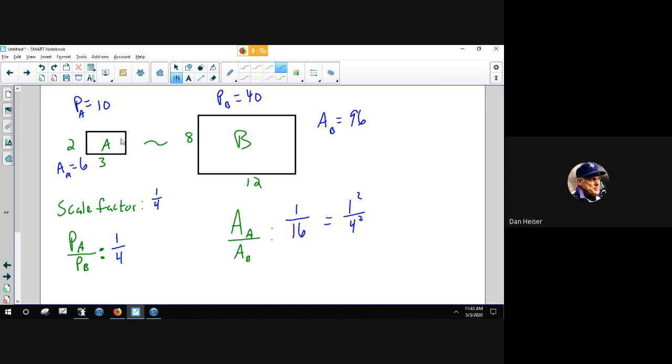If our scale factor was 2/3, our area ratio would be 4/9. The ratio of areas is the scale factor squared.